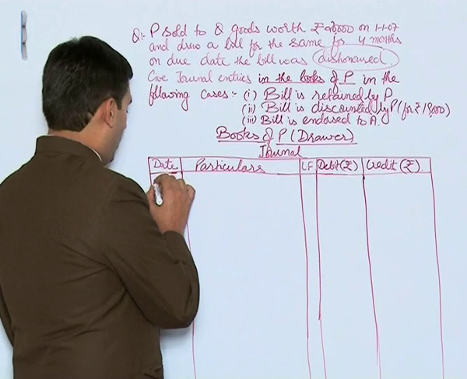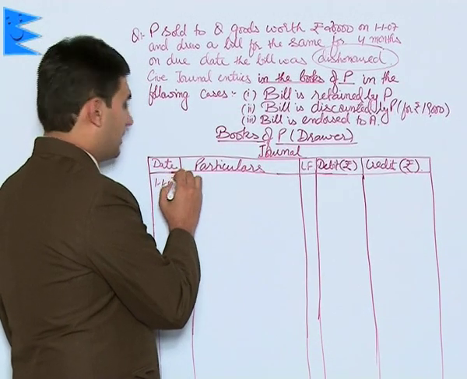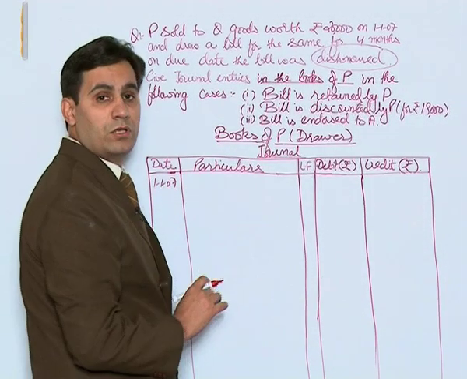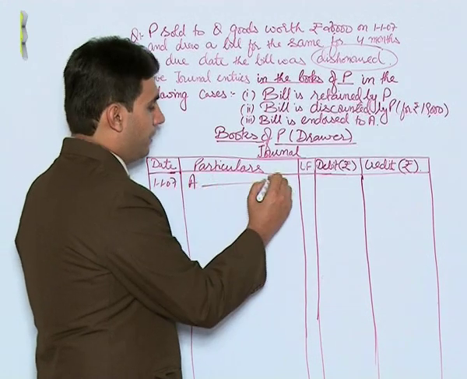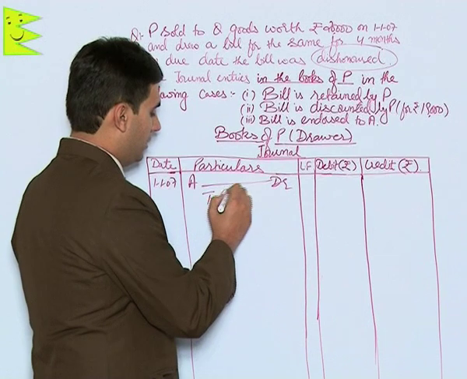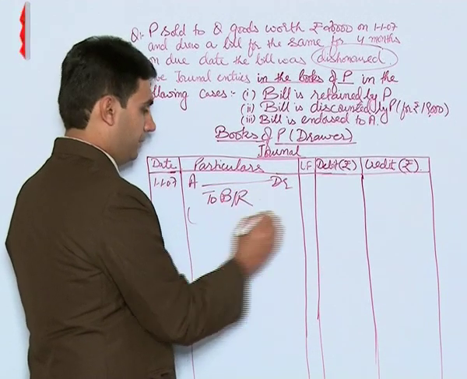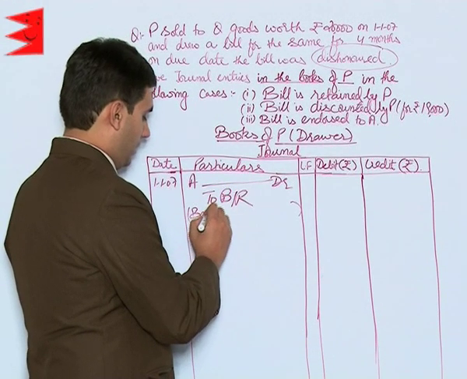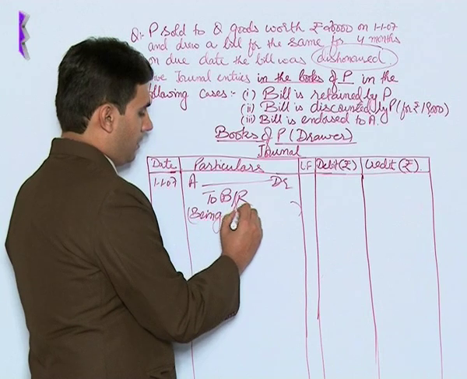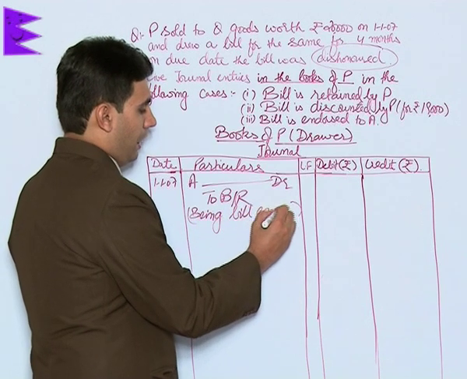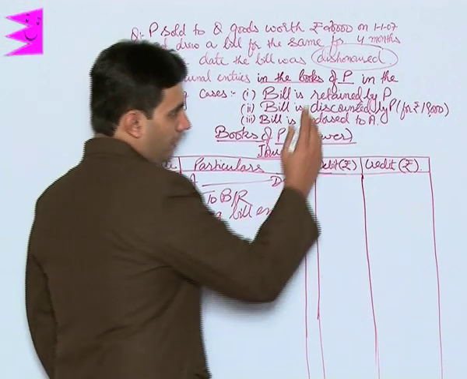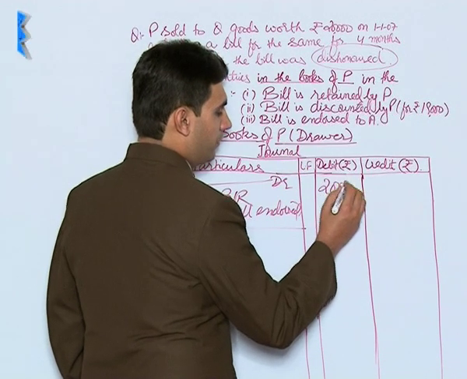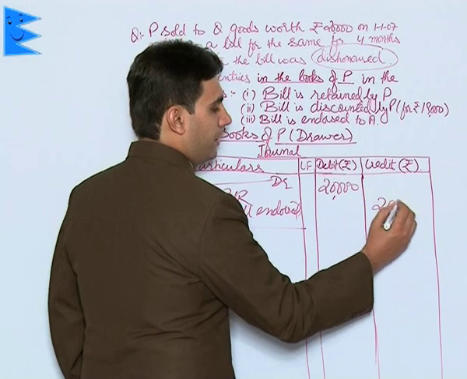Now, on 1st January 2007, since this bill was endorsed to A, entry would be A debited to bills receivable, being bill endorsed, and full amount of 20,000, that was the value of the bill, would be recorded here.